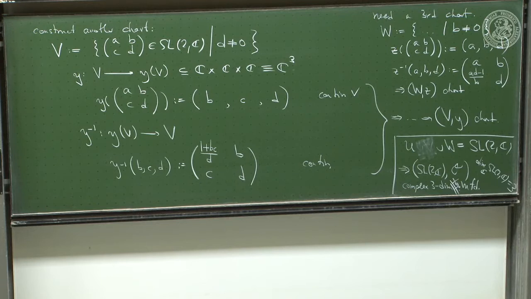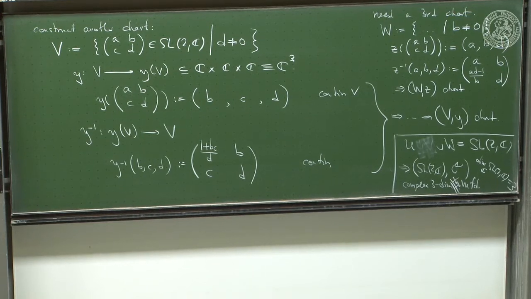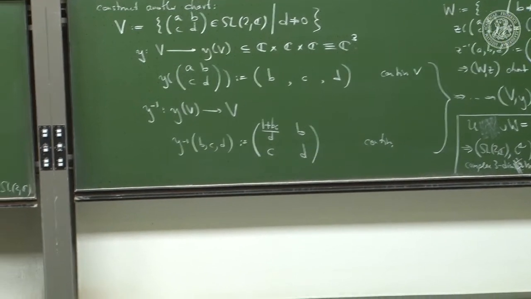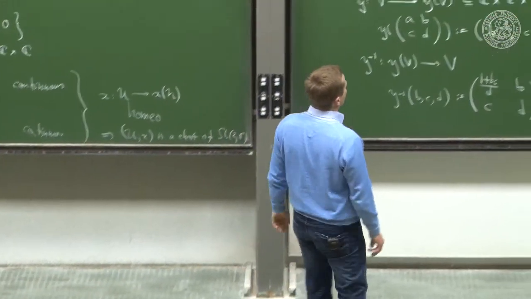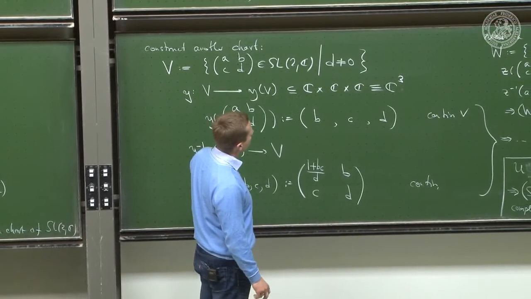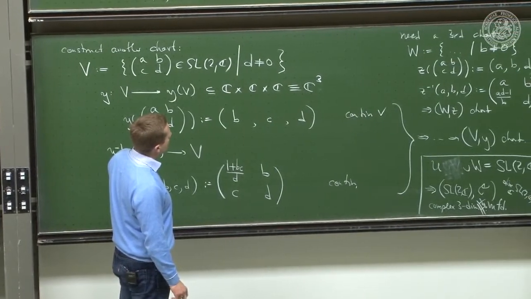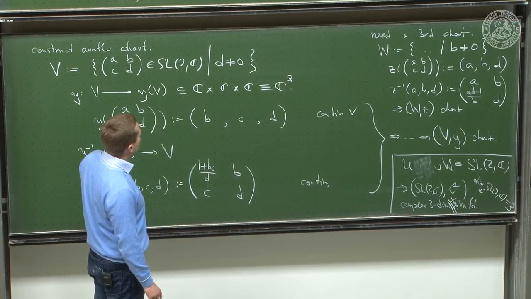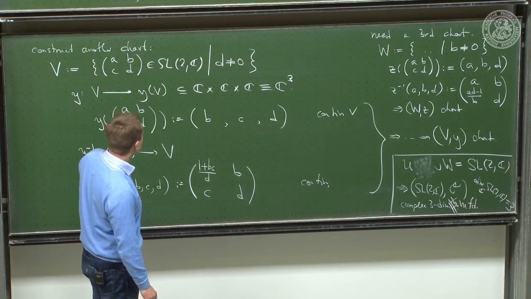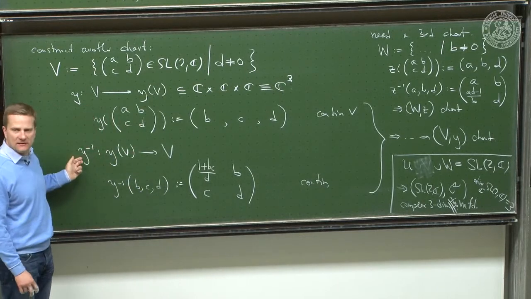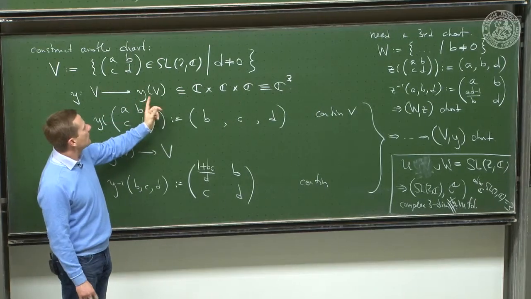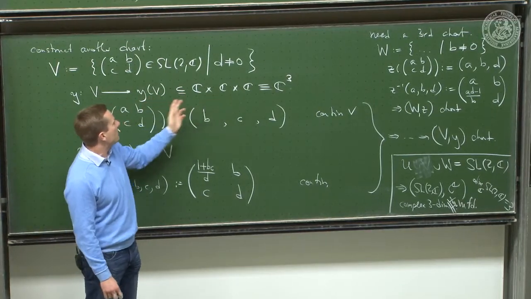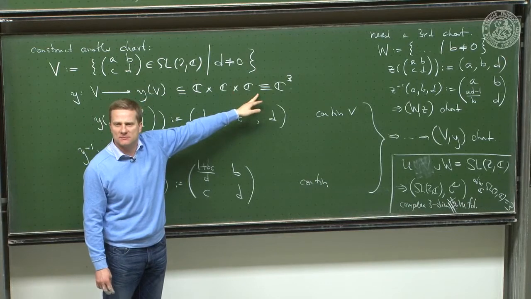How would you notice if you had mapped in too many dimensions, like mapped into C4? Well, you would not be able to have a bijection then. You have a Y and you have a Y inverse. So you mean it could be a subset of C4, but one of the coordinates I never use, something like this.